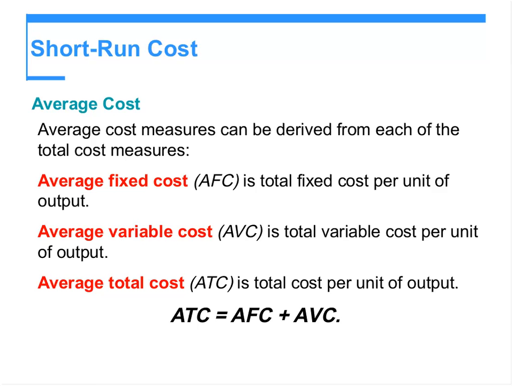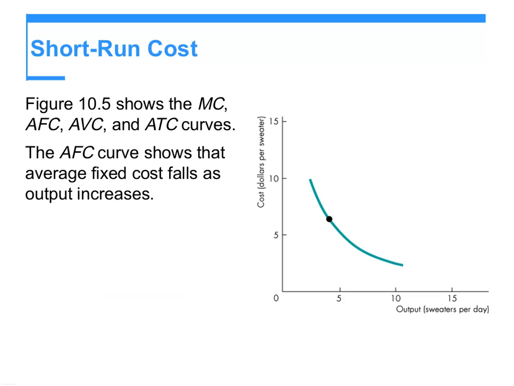So if you divide the total cost by the number of products, we get average total cost. If you divide the fixed cost by the number of products, you will get average fixed cost, and the same thing for average variable cost. Figure 10.5 shows the MC, AFC, AVC, and ATC, as you can see.